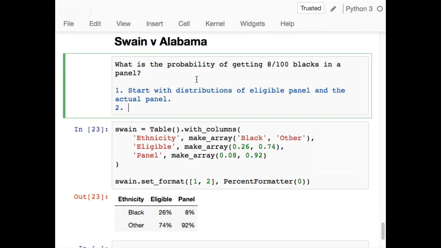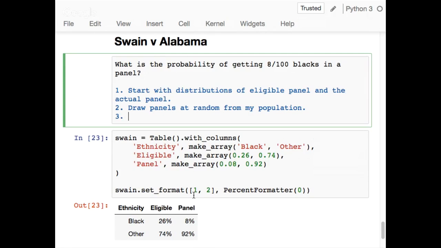When I empirically determine that probability, I'm going to draw random panels from my population. If I draw panels at random from my population, just like how I rolled my dice, or just like how I drew planes out of my 300 warplanes, I can then estimate that probability.